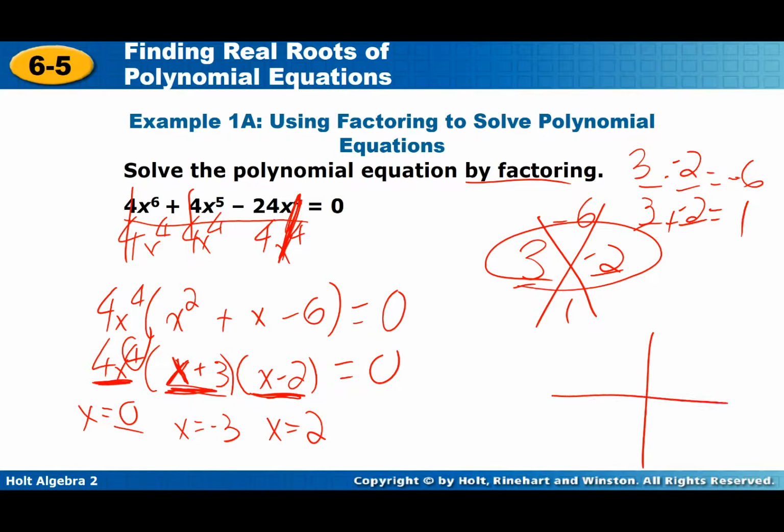And I believe if you graph it on the calculator, you can't really tell, because it only looks like 1 point. But it crosses at negative 3, and then it crosses a little bit at 0, and then it goes back up with 2. So the graph looks something like this. And at 0, there's actually 4, because remember it's x to the 4th.